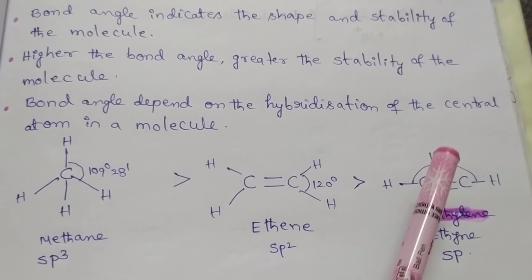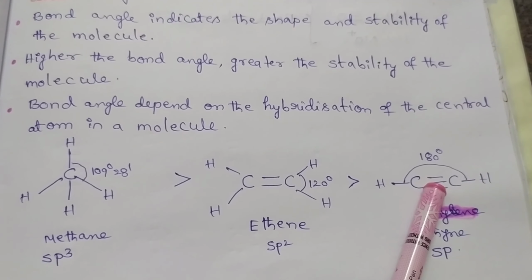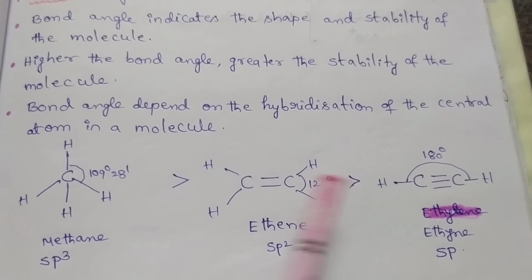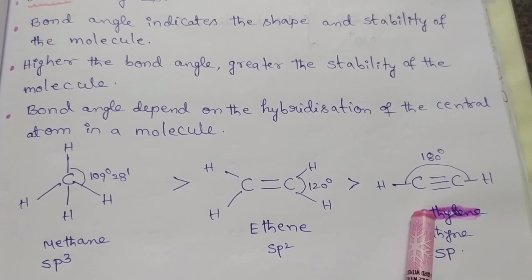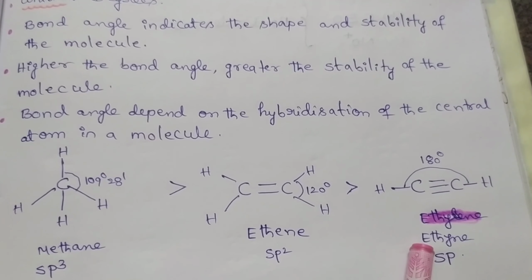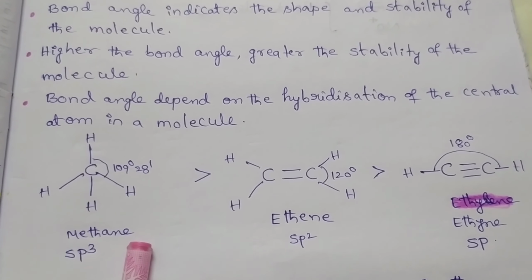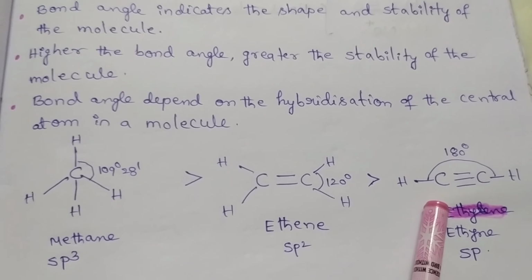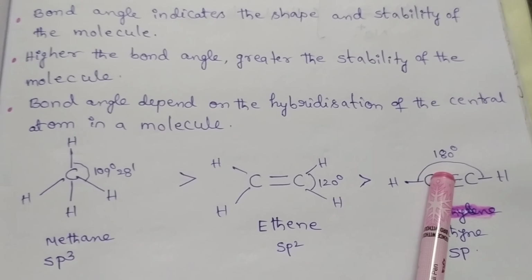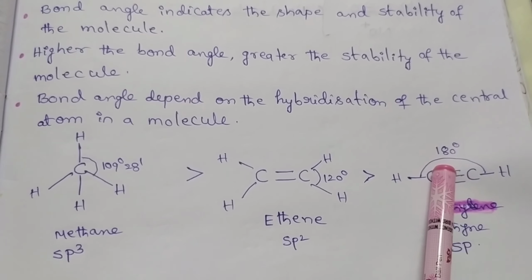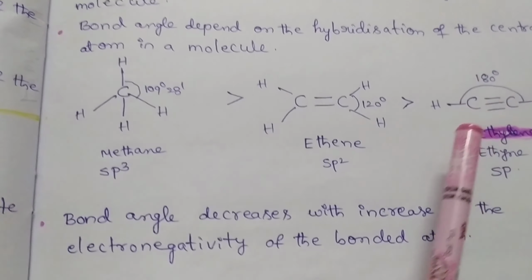That means the higher the bond angle, the greater the stability. When we observe these three molecules, ethane is more stable when compared with ethene and methane, because this molecule has the greater bond angle, that means 180 degrees.